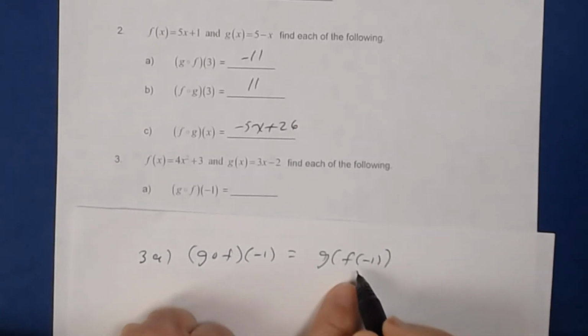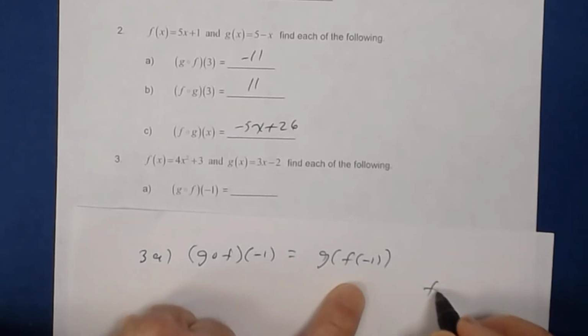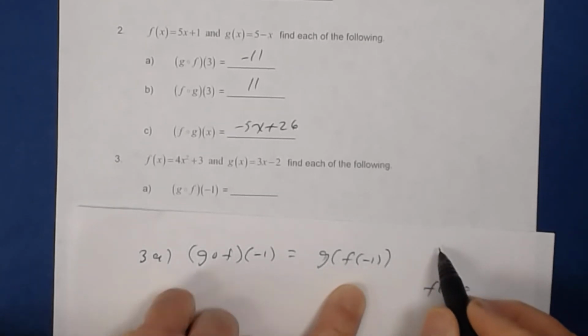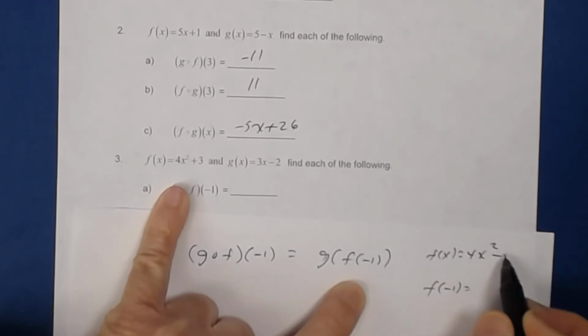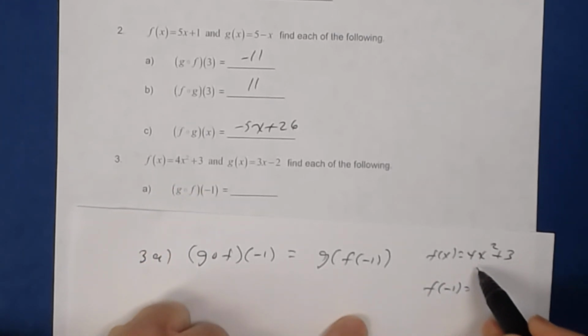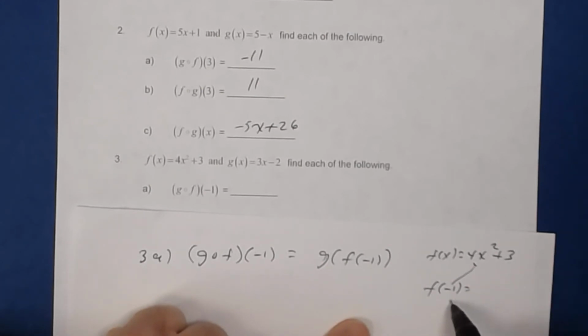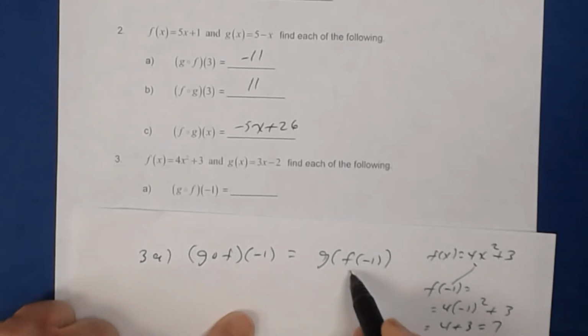So we have to find f of negative 1 first, the inside first. f of x is different this time: 4x squared plus 3. Where we see the variable x, I'm going to substitute negative 1. So I get 4 times negative 1 squared plus 3. Notice I put negative 1 in parentheses. Negative 1 times itself is 1. 1 times 4 is 4. And 4 plus 3 is 7. So this becomes 7.